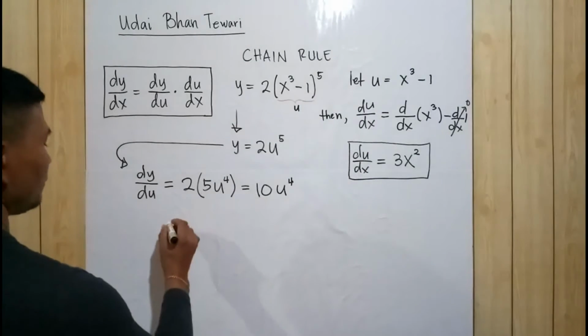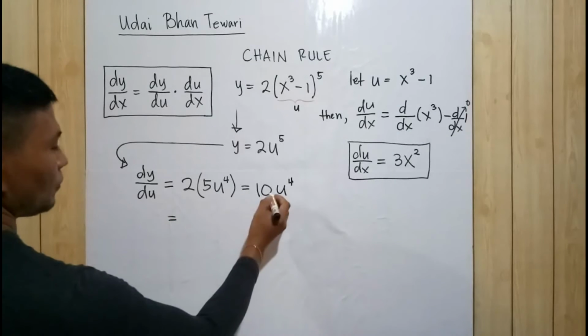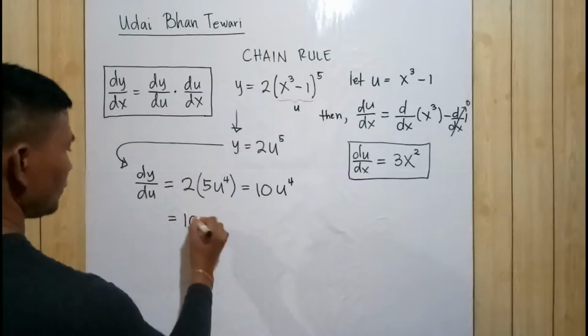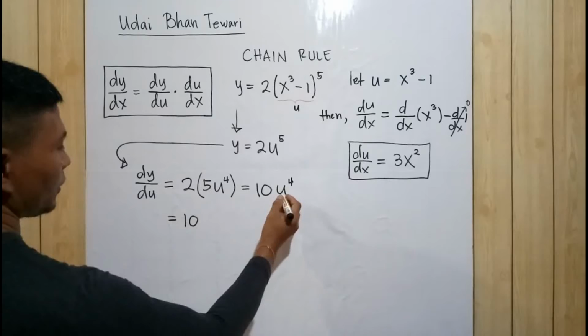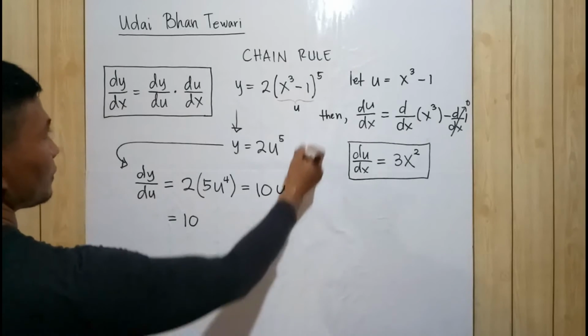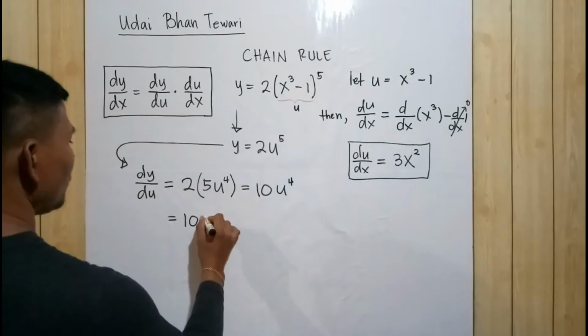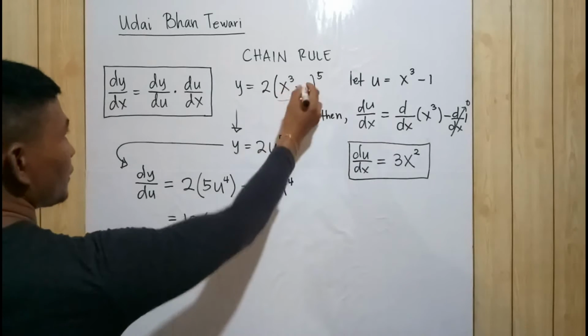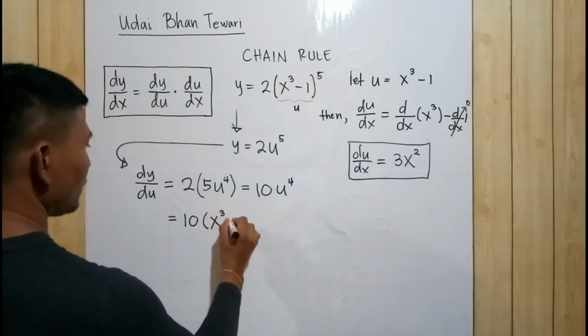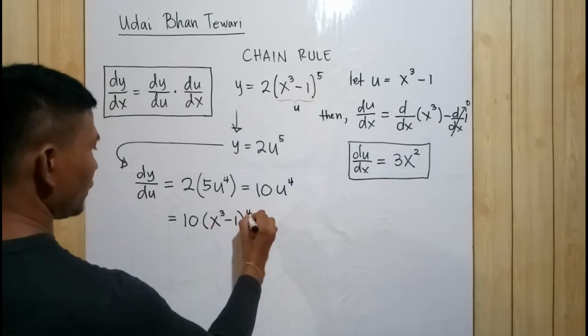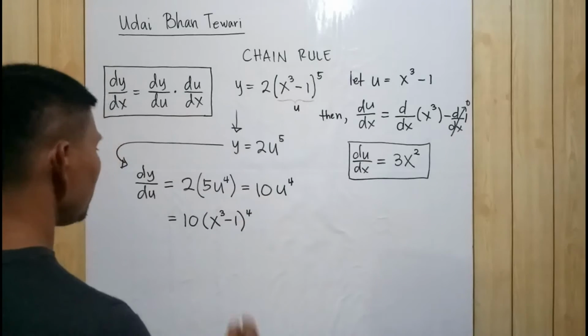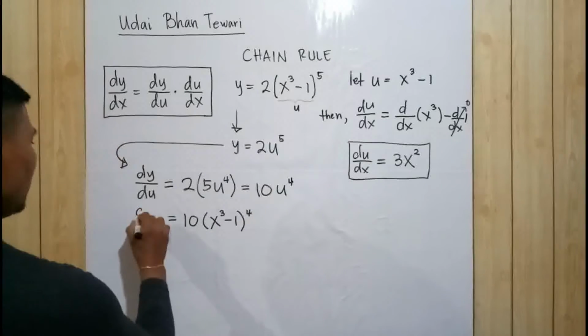So we have 10 times, substituting u with the original value, x cubed minus 1 to the power 4. So this is now our dy/du.